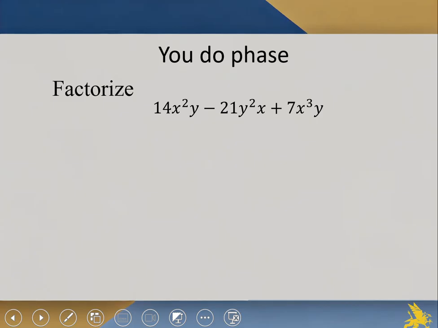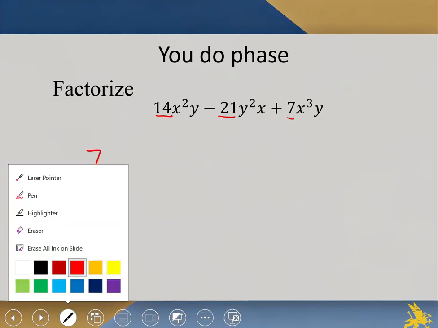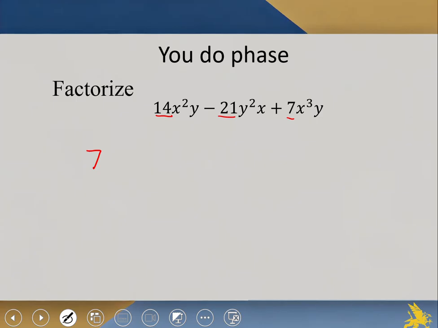Same thing is going to occur when we have 3 terms. First thing I'm going to look at is my numbers. I've got 14, 21, and 7. The highest common factor would be 7. I then move on and look at the x's.